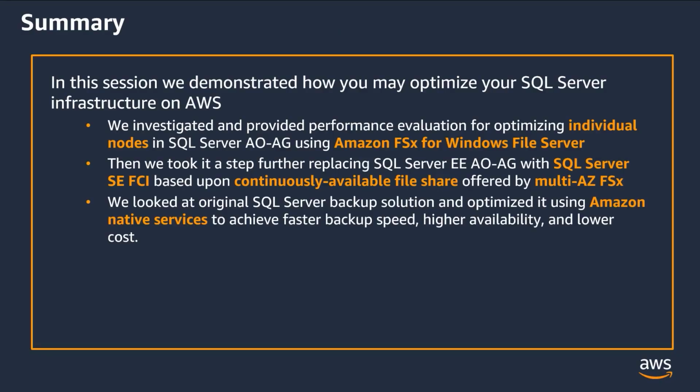In our approach to optimizing SQL Server on AWS, we replaced the traditional way to deploy SQL Server using Elastic Block Storage with the innovative approach based upon offloading storage operations to Amazon FSx. Using this approach, we first focused on optimizing individual nodes.